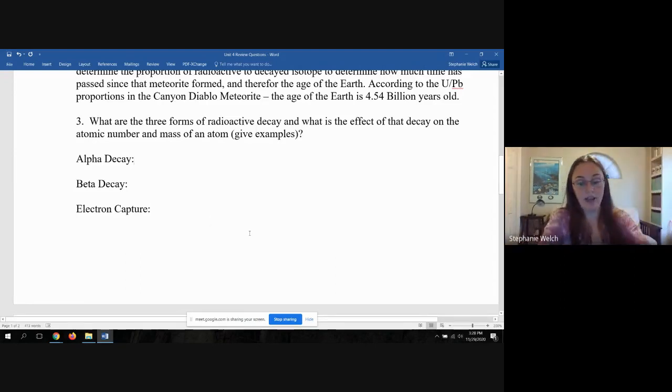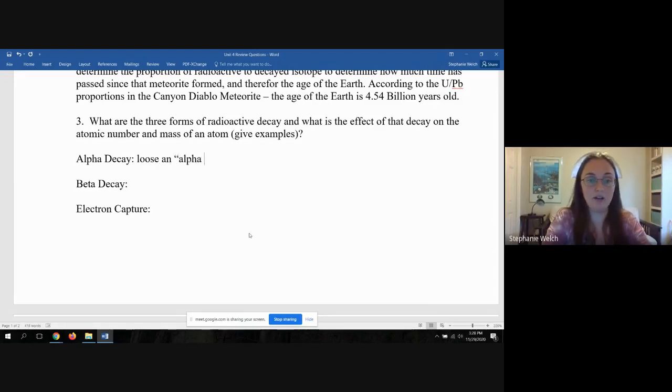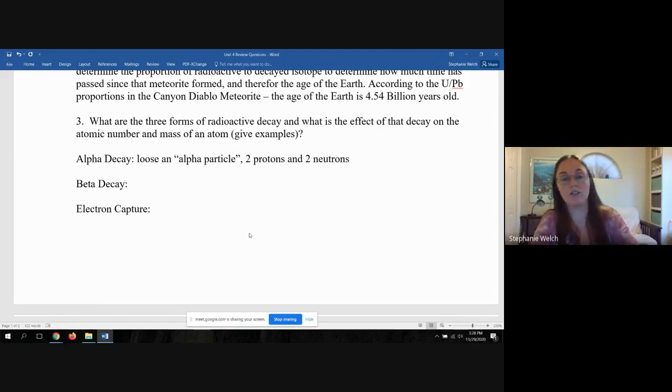In alpha decay, you lose an alpha particle, or the equivalent of a helium nucleus, which is 2 protons and 2 neutrons. Of course, both of these things, protons and neutrons, exist in the core or the nucleus of the atom, and these are the more massive constituents of the atom.